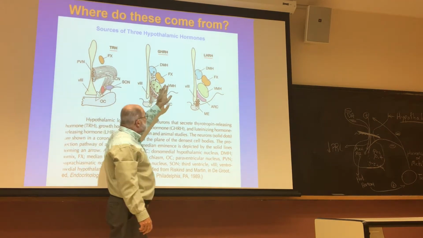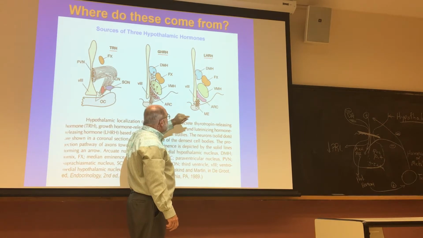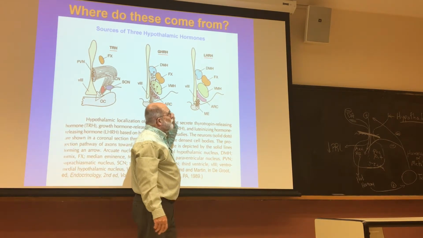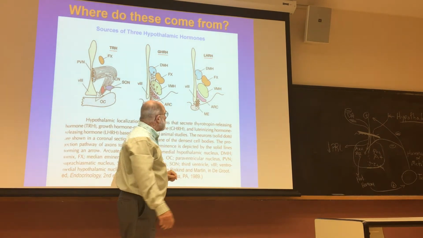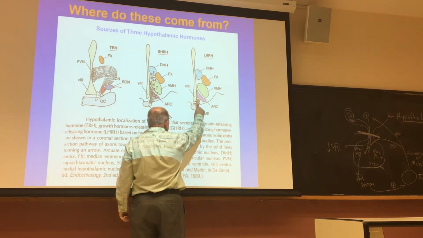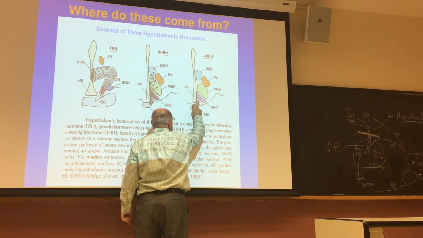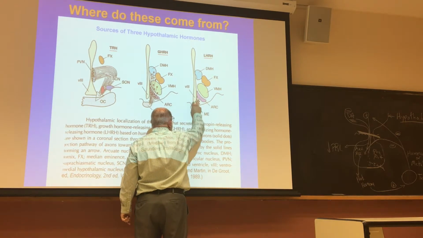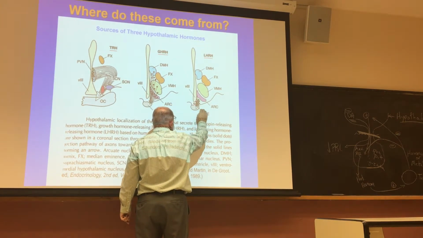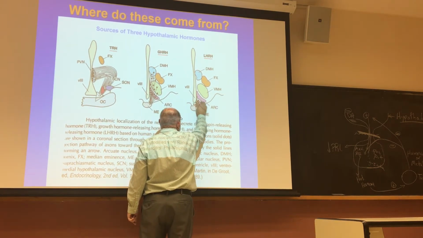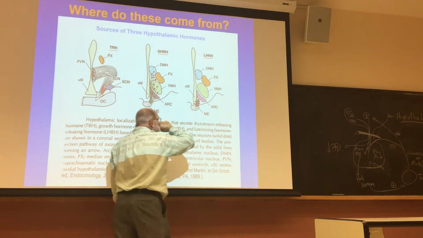And then finally, LHRH. This is shown for primates particularly, where most of the LHRH producing neurons are just above the median eminence in the area just below the arcuate nucleus.